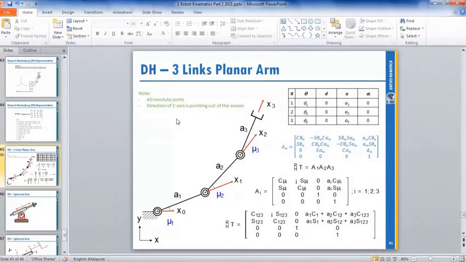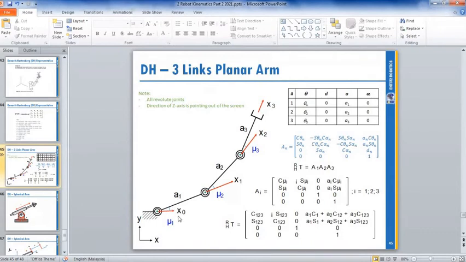This example of planar, 3-link planar arm. This one, we look from the top view lah, for example. So this is Z lah. The center is a Z. So we see from the top view. And when you rotate your Z value, that means you are rotating X and Y axis lah.